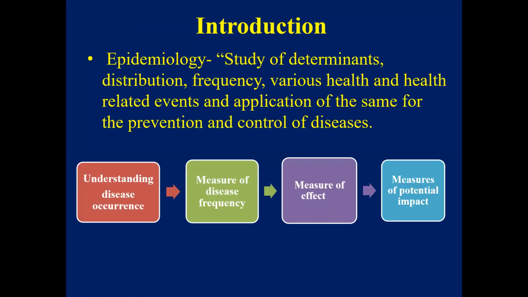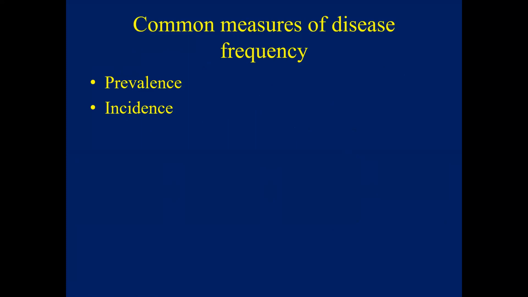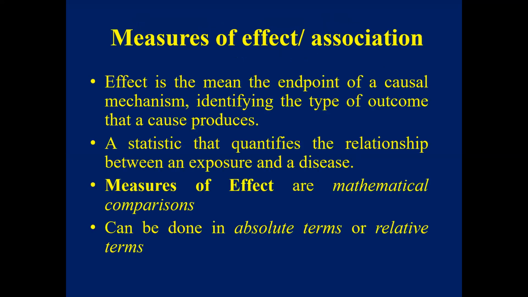Looking at the first part, measures of disease frequency, there are many measures, but I'll quickly take you through prevalence and incidence, as those two are the most commonly used. Just for revision, I'll tell you what incidence is and what prevalence is.